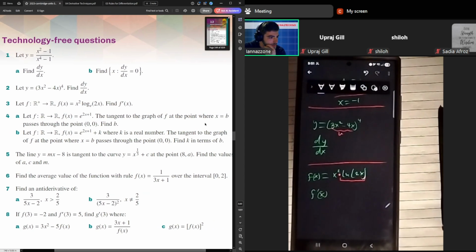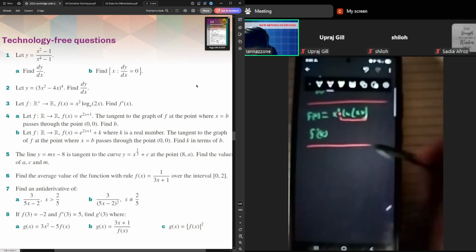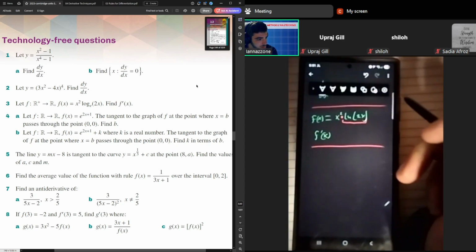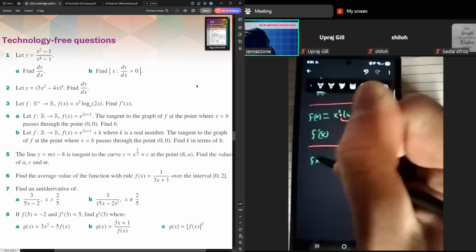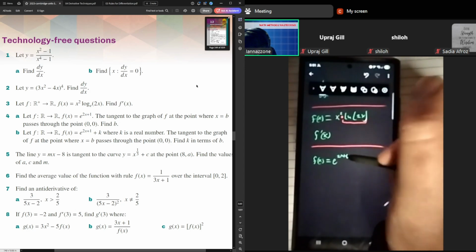Cool. What else we got? 4a. We got another function, tangent to f at x equals b passes through a point, find b. Alright, so that's fairly involved. I'll write down the key information there. So we got the function, e to the 2x plus 1.